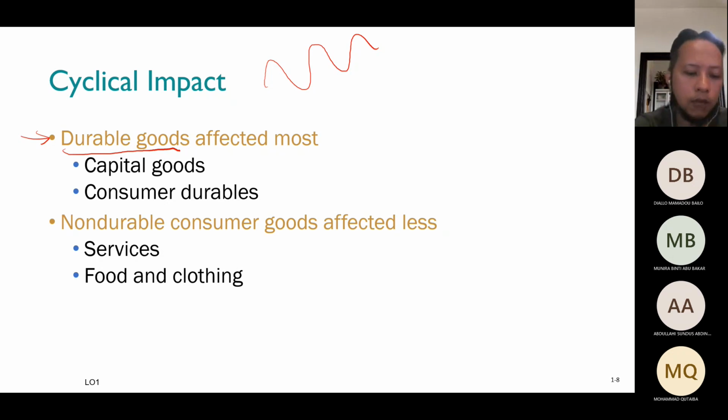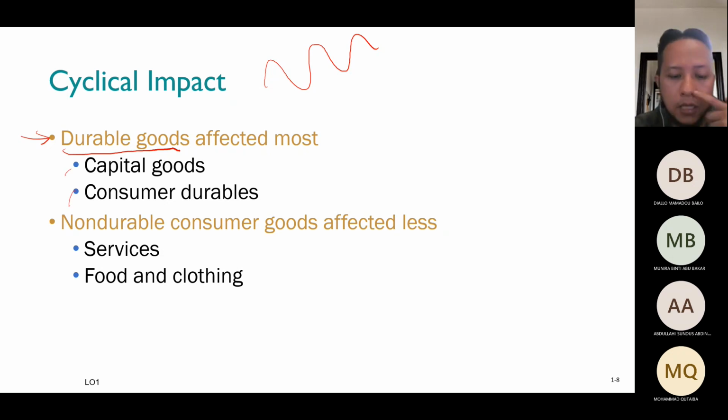Because you have a due date, you have to send it or distribute it very fast. If not, it will be affected. So these are the things that will be affected the most, especially capital goods that have due dates and also consumer goods that have due dates.